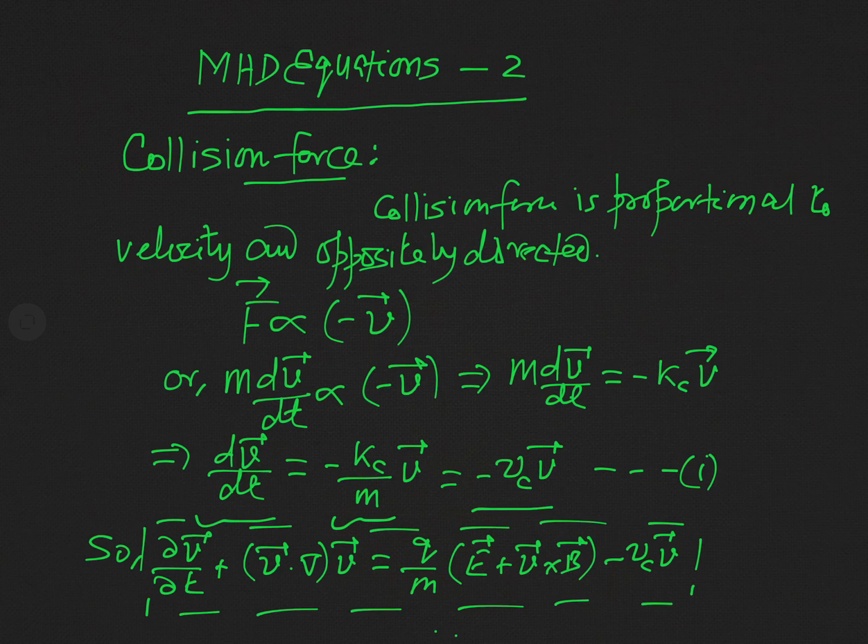But we know that another important mechanical force which affects the motion of the fluid is the gravitational force. So we should also consider the gravitational force acting on the fluid.